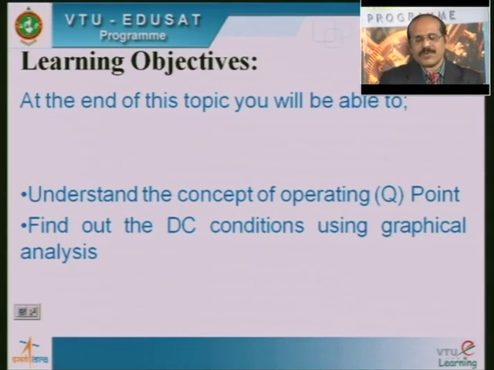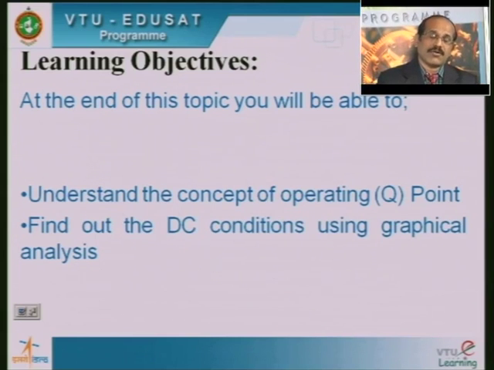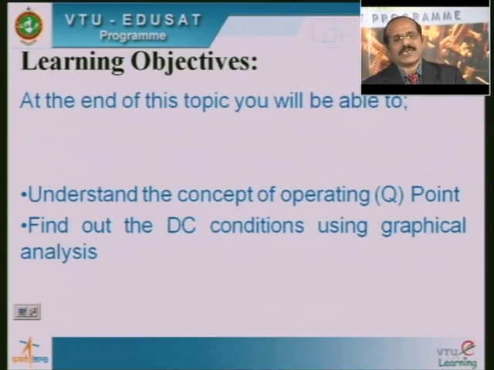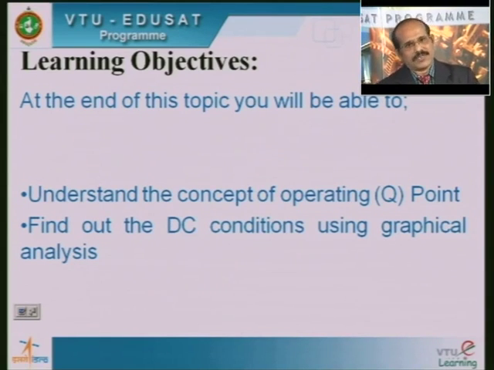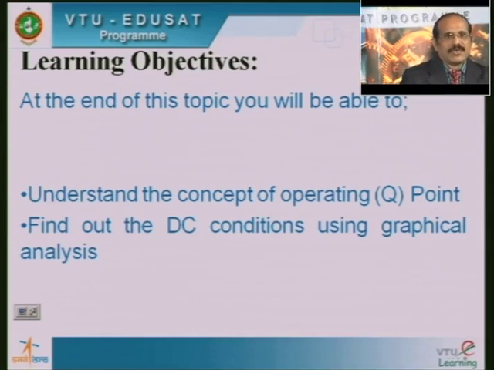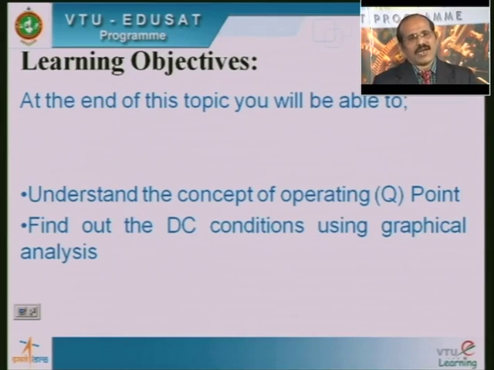At the end of this topic, the students will be able to understand the concept of operating point, that is also called the Q point, that is nothing but the quiescent point. We shall see why the operating point is called the quiescent point, and all that. And also we will come to know how to find out the DC condition that exists in the diode circuit.